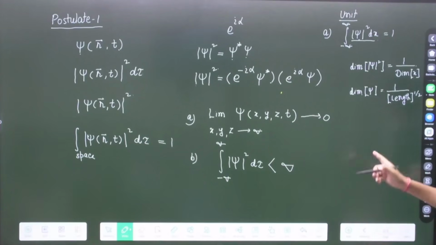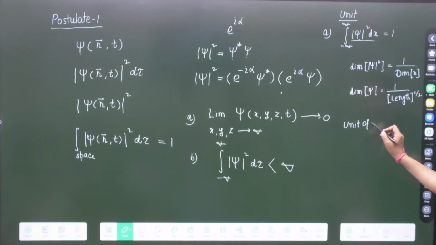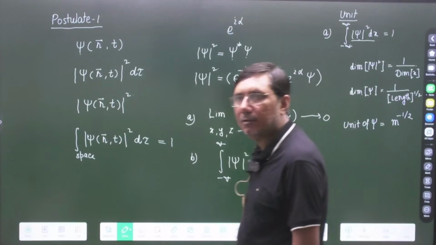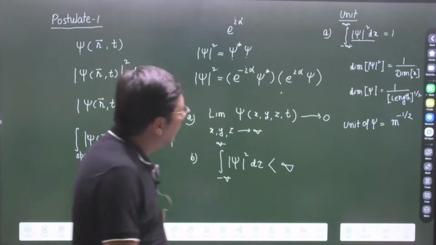So the unit of psi will be meter to the power minus 1/2, or 1 by meter to the power 1/2, either way.